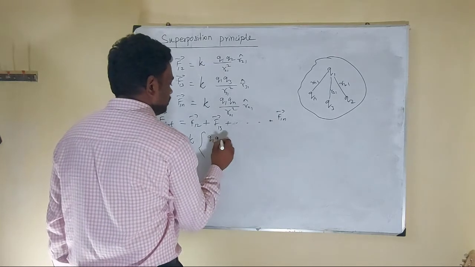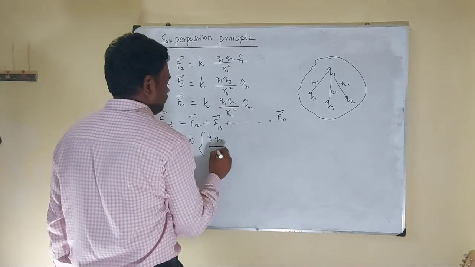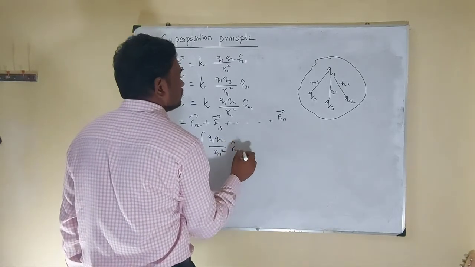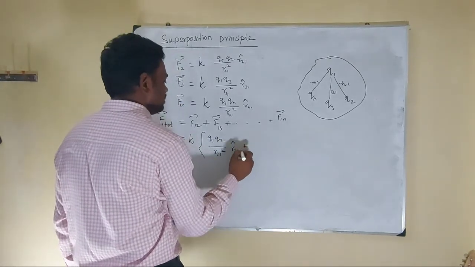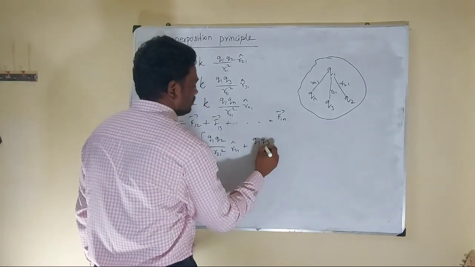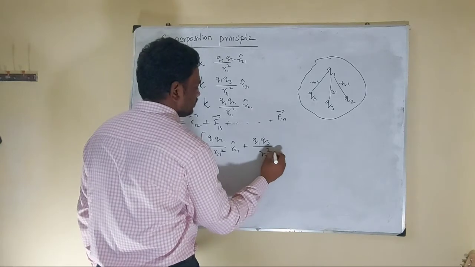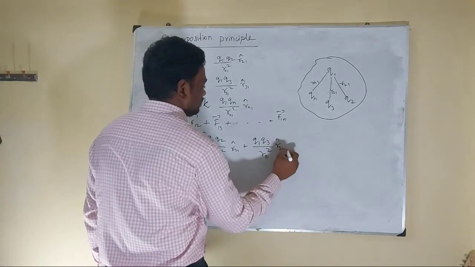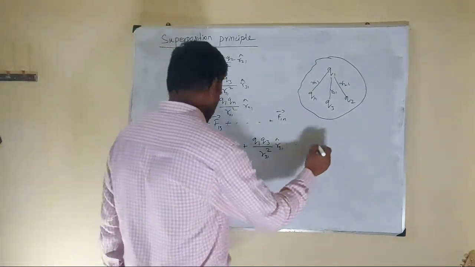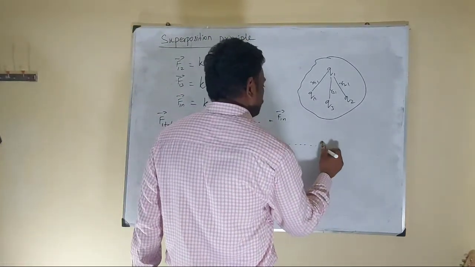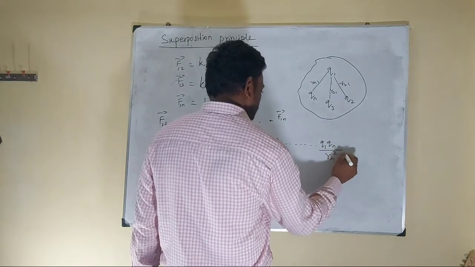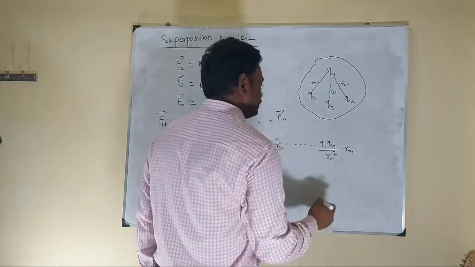Q1 Q2 by r21 square r21 cap, plus the second one Q1 Q3 by r31 square r31 cap. This equation can be written up to the nth particle, Q1 Qn by rn1 square rn1 cap.